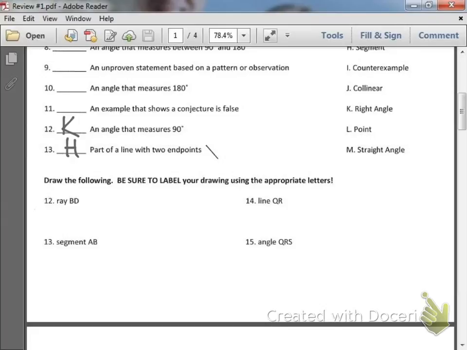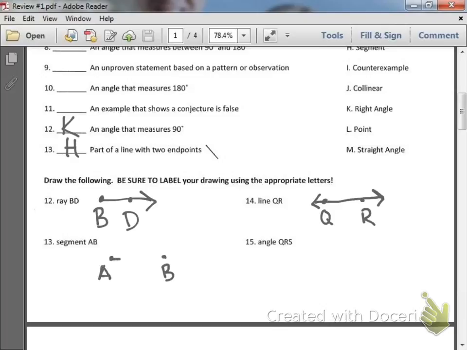Alright, and then this last part, you're just drawing an example of each. So a ray starts at the first letter, goes through the second letter. So that's what ray BD would look like. Line QR goes through the points Q and R and extends indefinitely in both directions. Segments have endpoints, so no arrows.